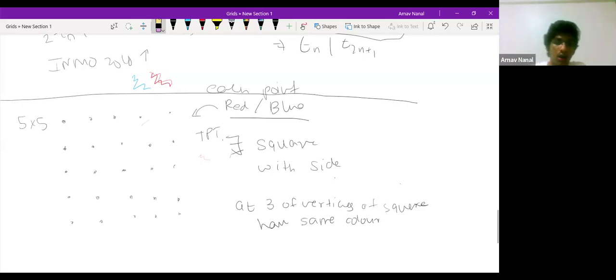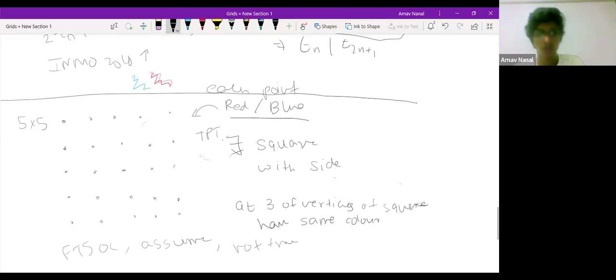Okay, so I will just start the argument and you can finish. For the sake of contradiction, assume that this is not true and you can have a coloring such that any square you find has exactly two vertices of each color.